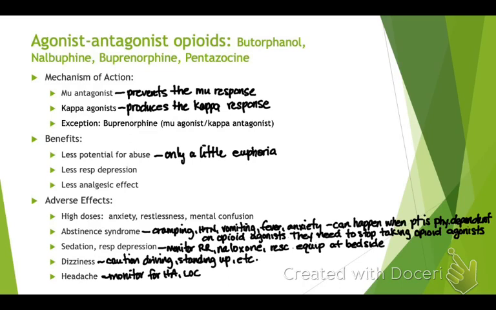These are the physical symptoms, and it can happen when a patient is physically dependent on the opioid agonist. They need to stop taking the opioid agonist in order for this to stop.